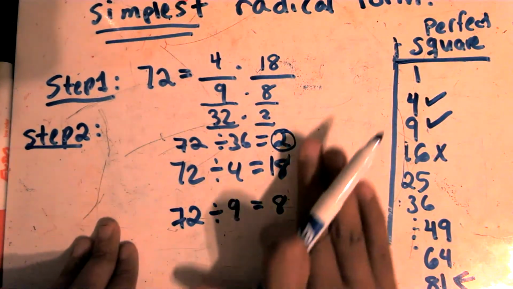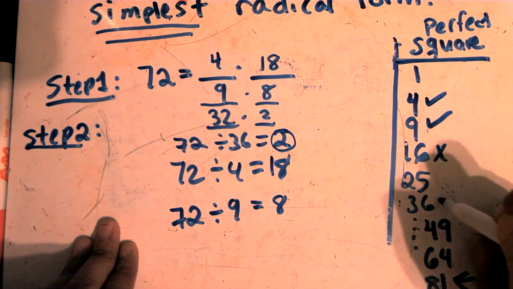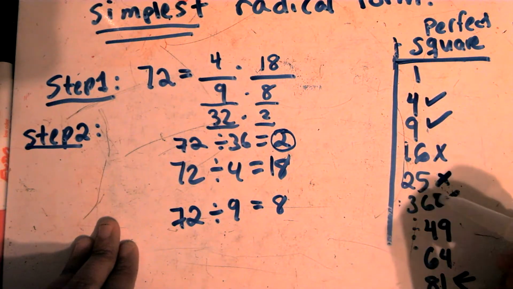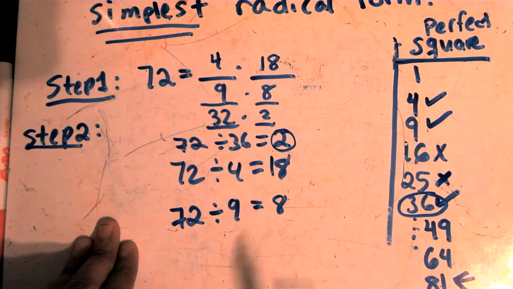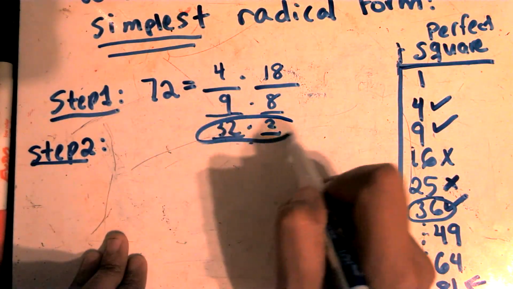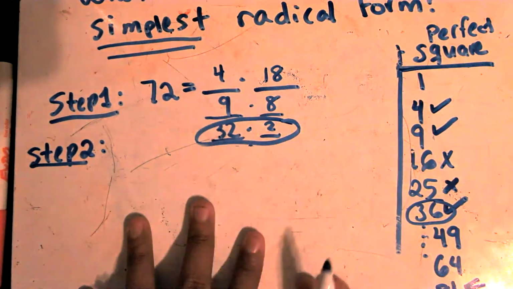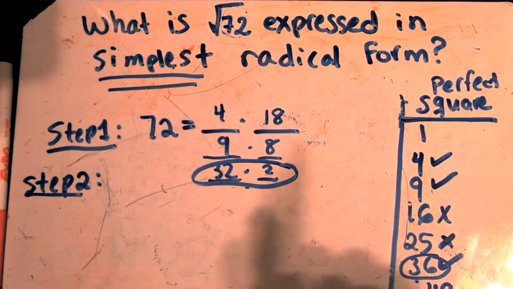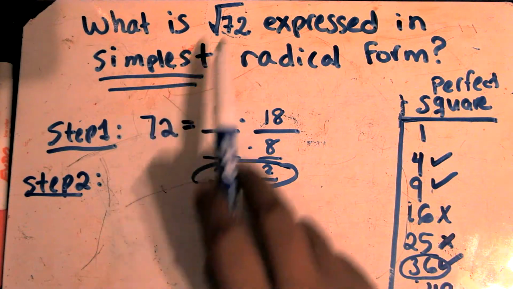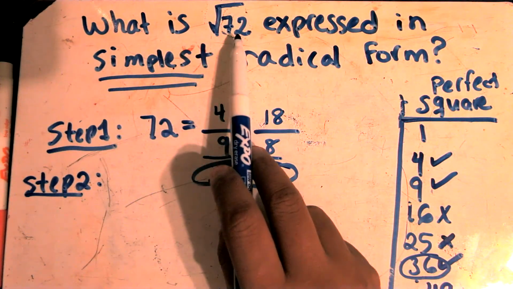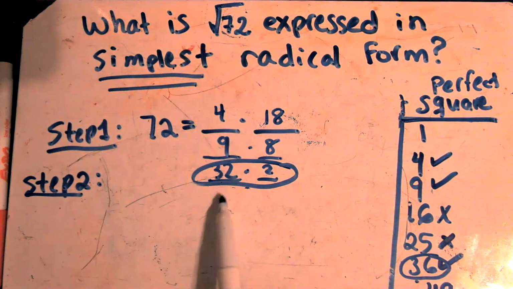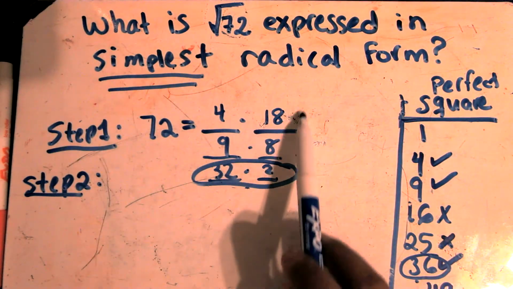So now that we went down the line and found the biggest perfect square that goes into 72, that's the factor pair we're going to choose. If I had chosen 4 and 18, or 9 and 8, I would be able to simplify this further, but it's requesting the simplest, so neither of these would have been correct.